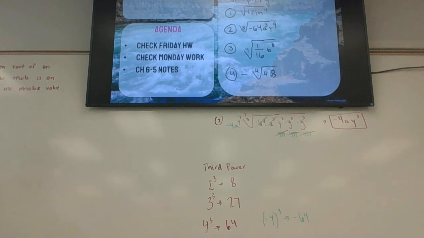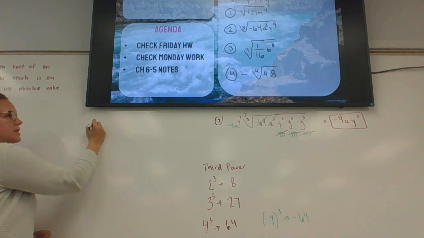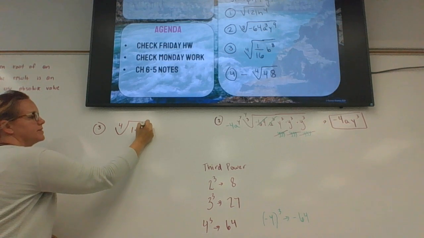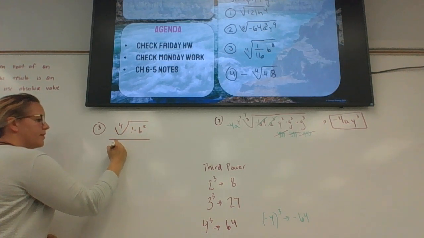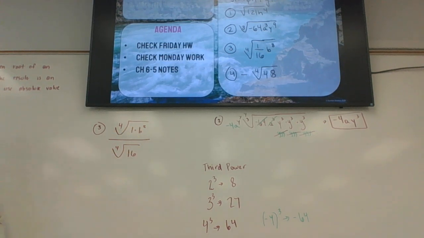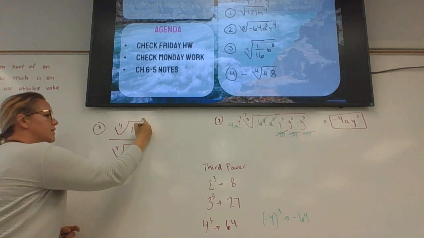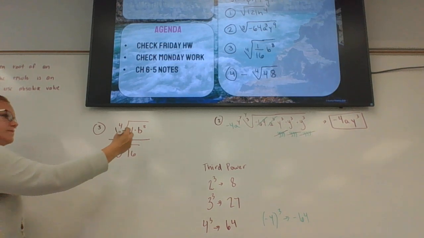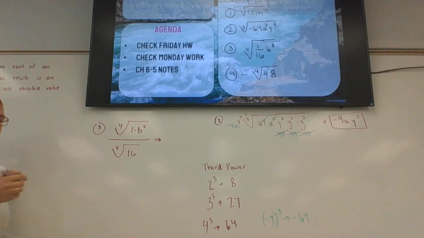Number 3, you can split that fraction up. It could be written like this. So when you're taking a root, you can think about the numerator and the denominator separate. And the b that is perfectly in the middle of the fraction bar, that should be a part of the numerator. So the fourth root of 1 is 1. 1 to the fourth power is 1.